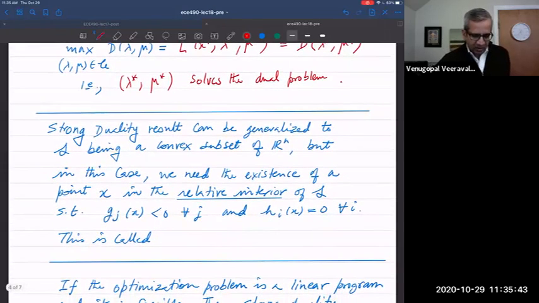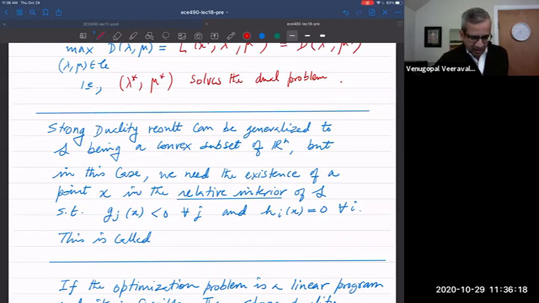Now, this strong duality result, we proved for the case where that constraint set S was equal to R^n. So there were no other constraints other than the equality and inequality constraints. But actually the result holds more generally, and this seems like a slight generalization, but it turns out to be very useful in many practical problems, mainly because of domain issues.